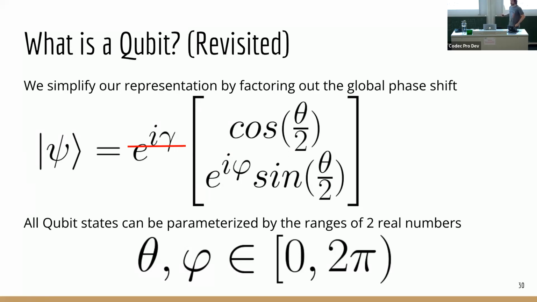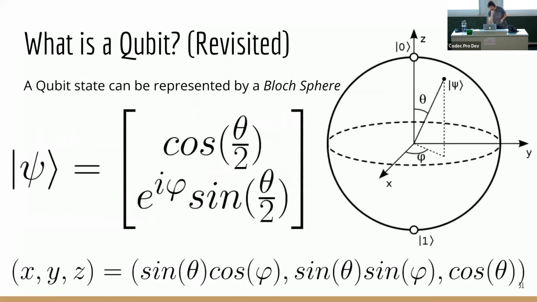And what we are left with is that any qubit can be parameterized by two real numbers, theta and phi, that are in this range of 0 to 2 pi. Now, this parameterization here is not very intuitive to visualize.